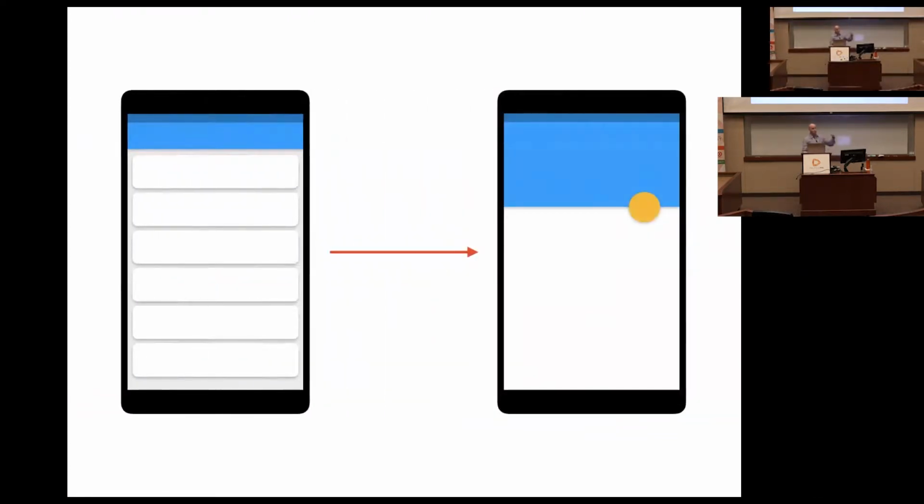So every time we go from one activity to the next, we get an opportunity to save the state of the activity that we're leaving. And this happens in that onSaveInstanceState method. Then every time that gets called, we're going to stop that previous activity, and we're going to move on. Another way this can happen is with configuration changes.